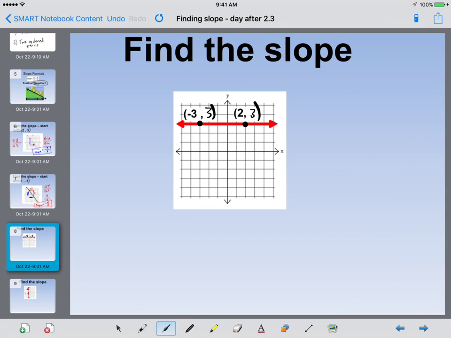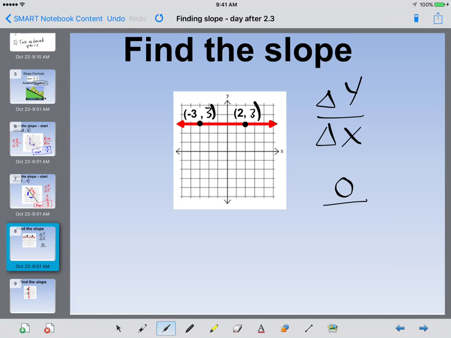Now, if we take a look at the slope of this picture, remember, slope is the change in the y over the change in the x. So our y's, do we go up any from (-3, 3) to (2, 3)? No, we don't go up anything. So that's 0.